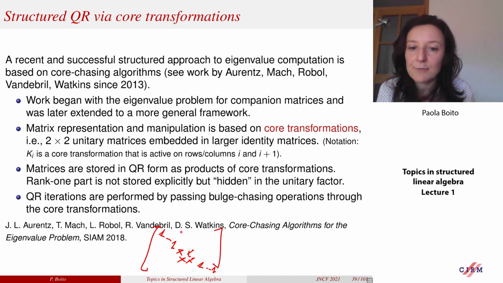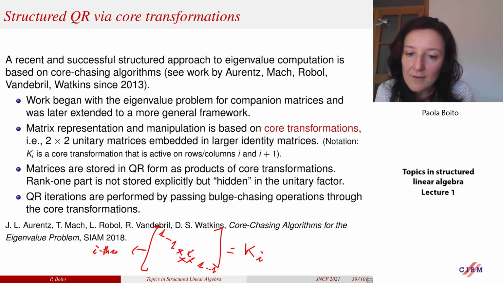This kind of matrix we're going to call K_i, where i is the index at which we place the active, unitary block.